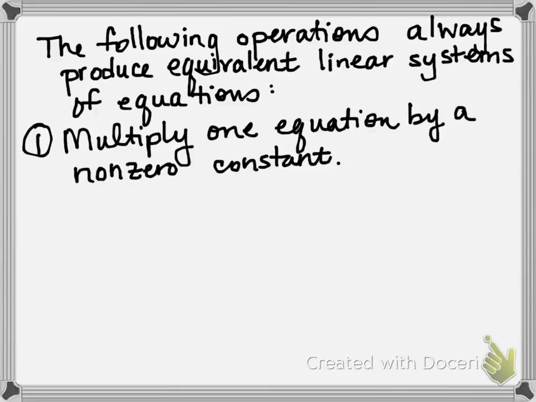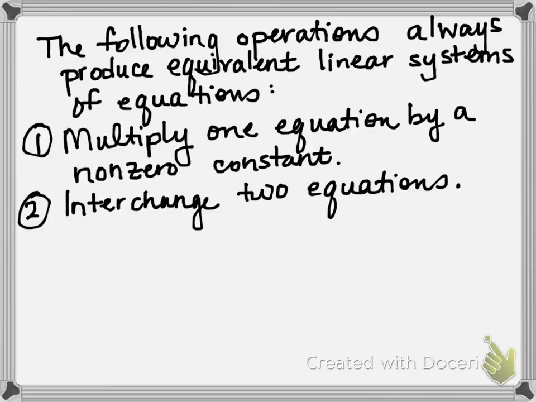So first, we can always multiply one equation by a non-zero constant. That means that we can take an equation and multiply both sides by the same non-zero constant. That produces an equivalent equation. Second, we can interchange two equations.